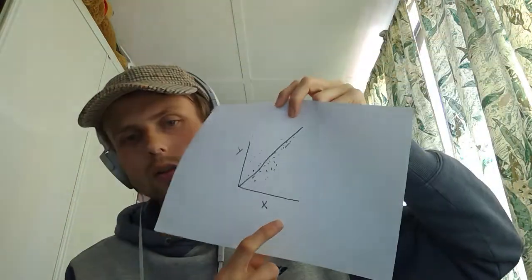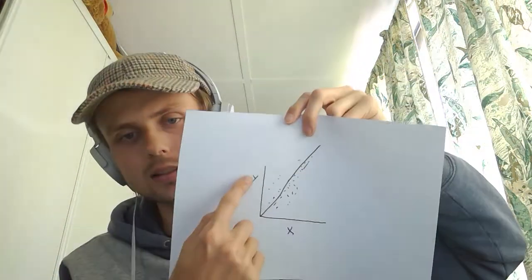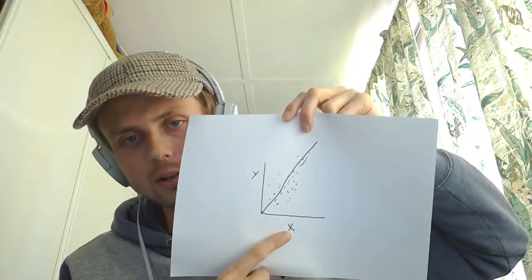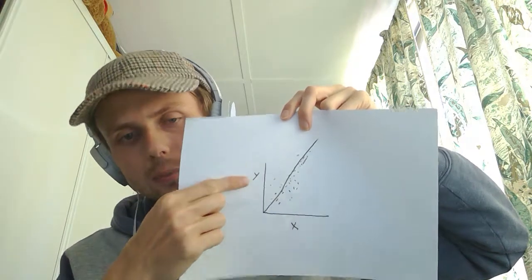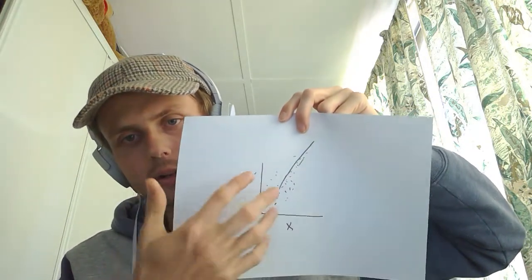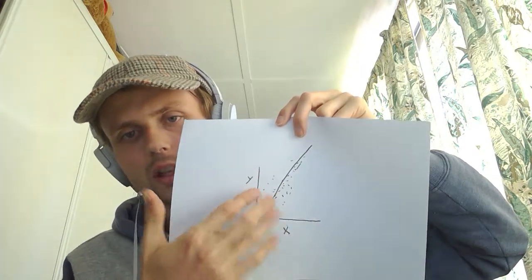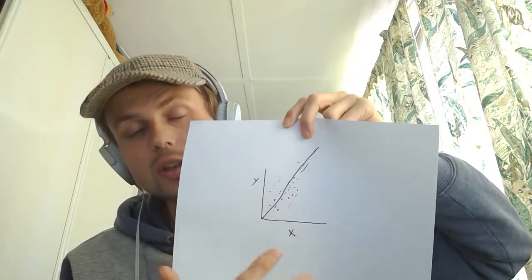So that is why I do not like the use of an x and y axis, because x is an independent variable, y is a dependent variable, but regression is about how two variables influence each other.